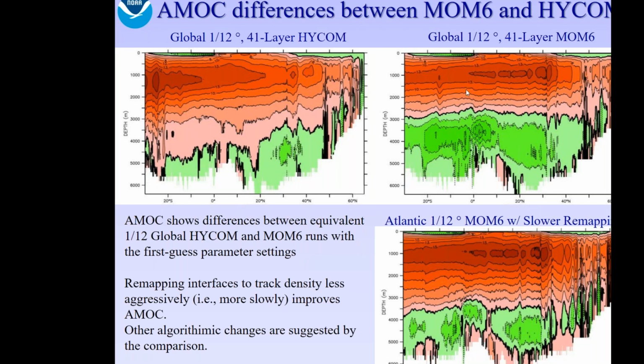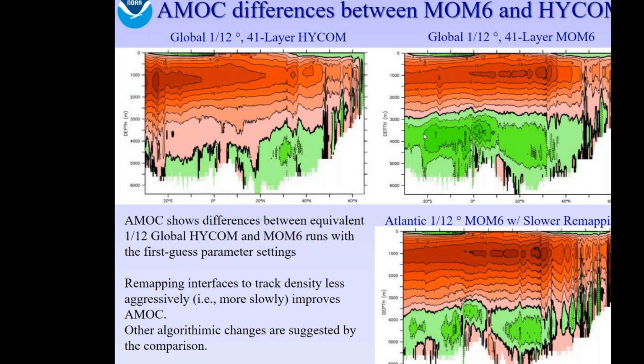And by going back and looking in diagnostic balances to try to figure out how they're differing, one of the things we found here was that we were perhaps remapping to density surfaces too aggressively in this high resolution eddying model. And so by slowing it down, by not forcing the coordinate surfaces to get back to the target positions abruptly, we were able to reduce some of the mixing that we think is contributing to these differences in the overflows.